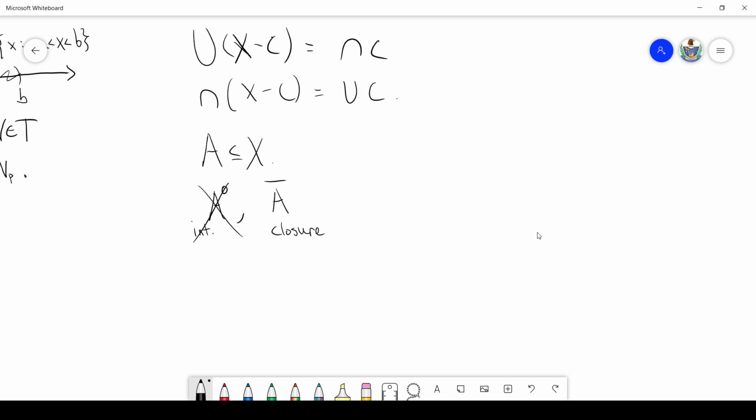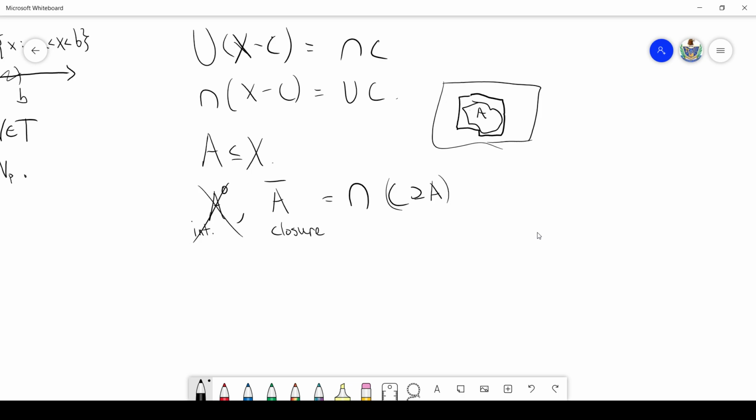So what the closure is: the intersection of all closed sets that contain A. Imagine you have some arbitrary space and some set A, and you're looking at all the closed sets that contain A and intersecting them together.